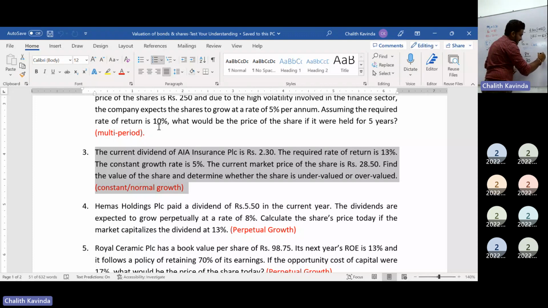The market price of the share equals 28.5. Your present value is higher than the market value, or the market value is lower than your present value. So it's undervalued. Clear? Is it okay for you all?